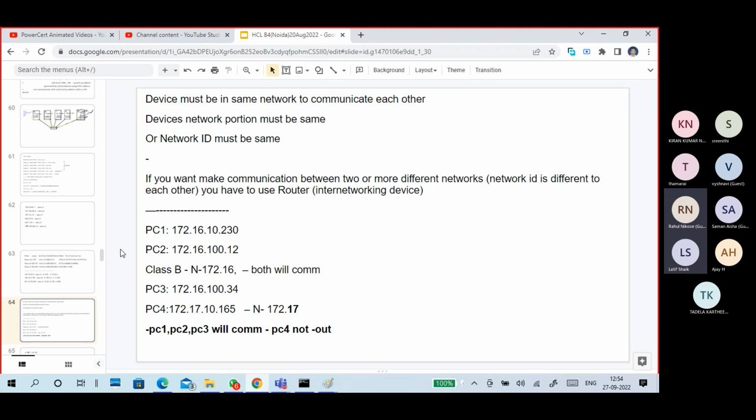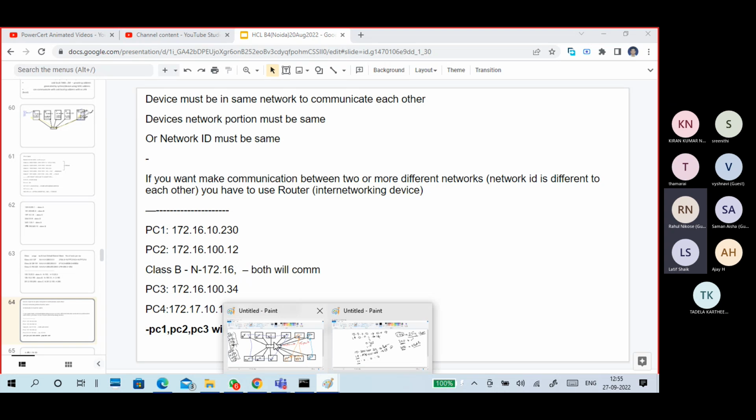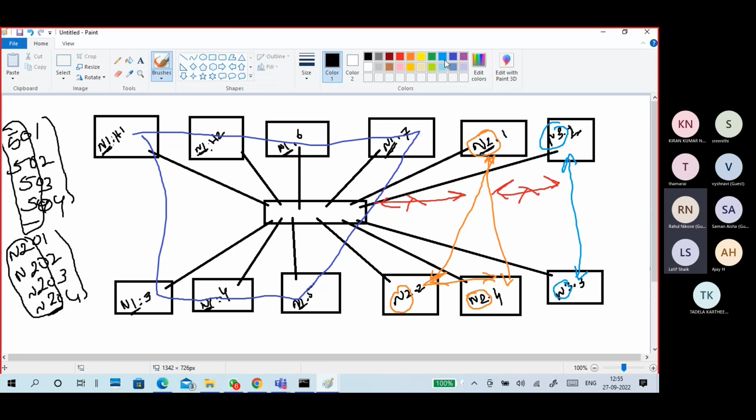Either you check the network portion or you check the network ID. If you want to make a communication between two or more different networks, for example, you have 10 computers in a logically different network, and these blue lines are logically different networks, and you want to make a communication between these networks, we need a separate device called a router.